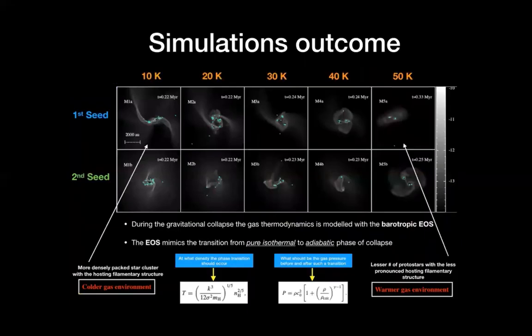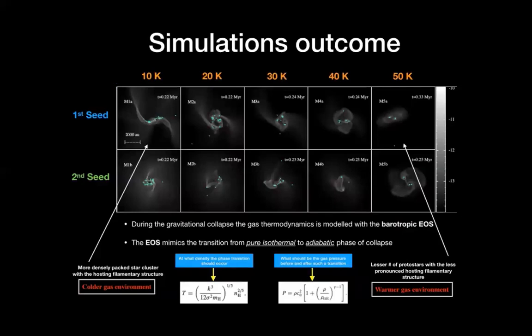So what we do is we set up a simulation with 5 models, and we run these 5 models with 2 seed values just to have good statistics. We begin with a 10 Kelvin core, and then 20, 30, 40, and 50 Kelvin cores. Remember, these temperatures are assumed to be set by the CMB, which is regulating the star-forming regions.